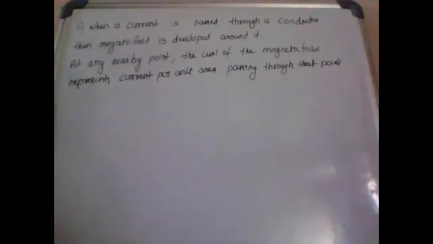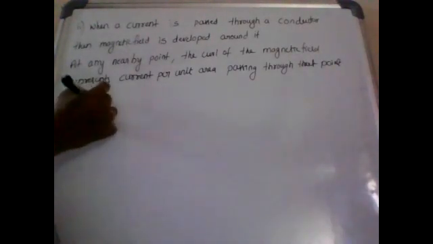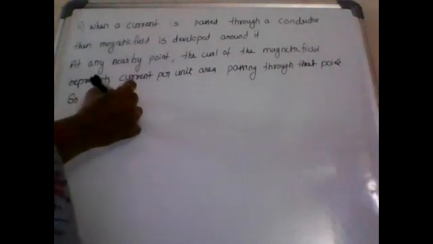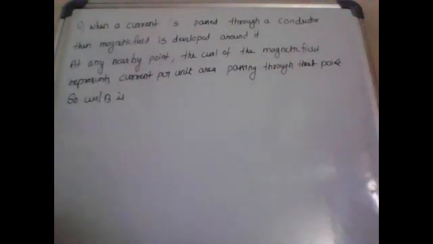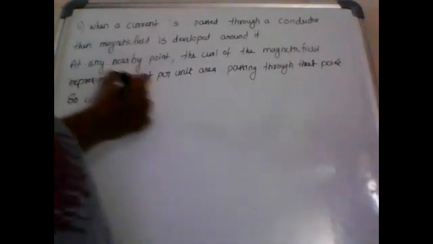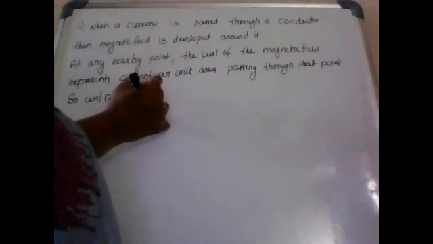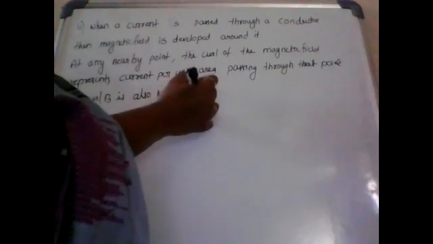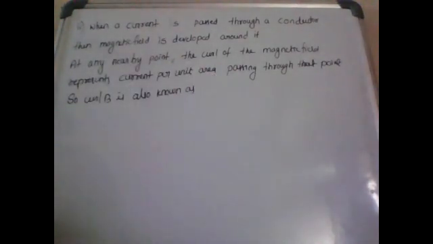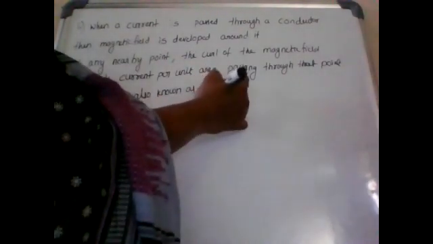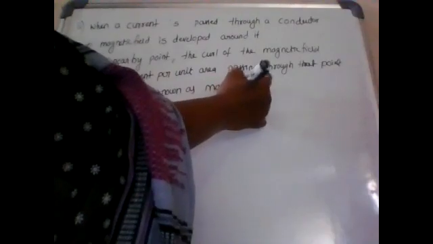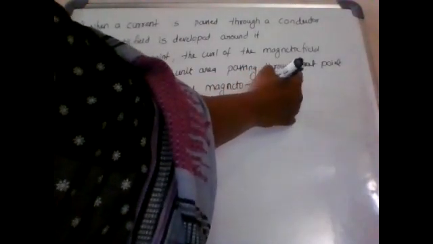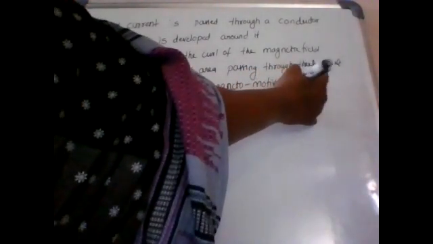So curl B is also known as magnetomotive force.